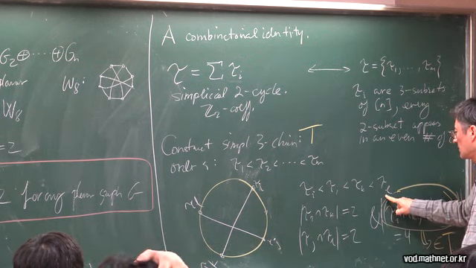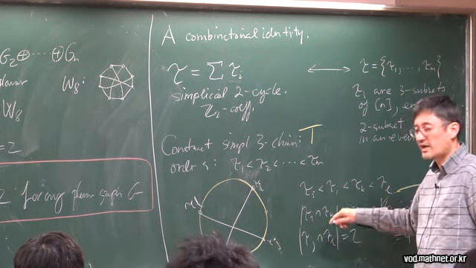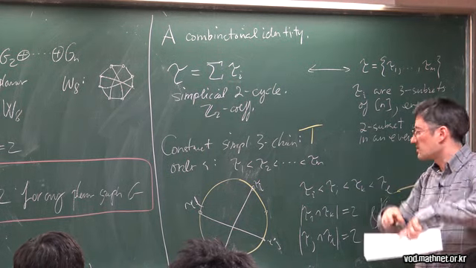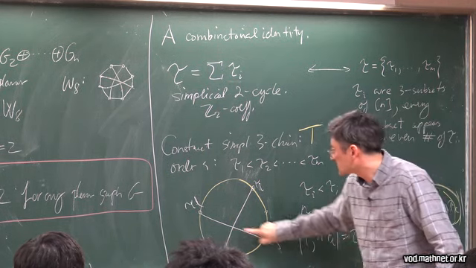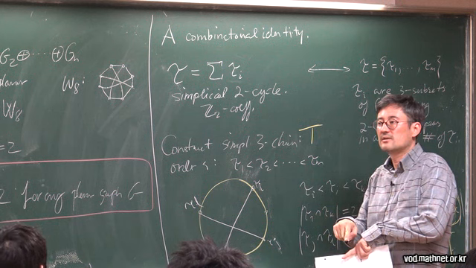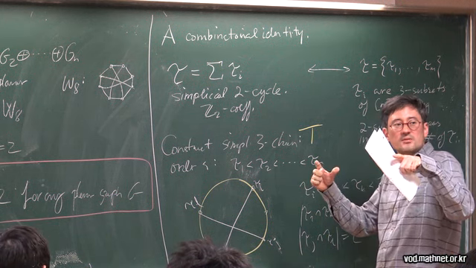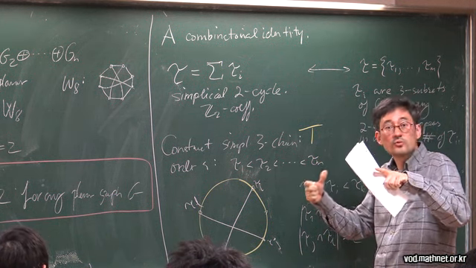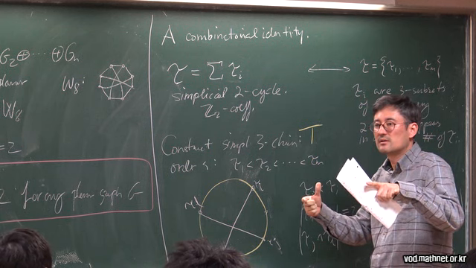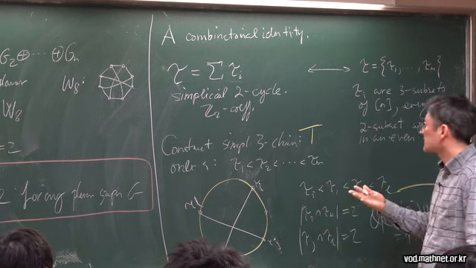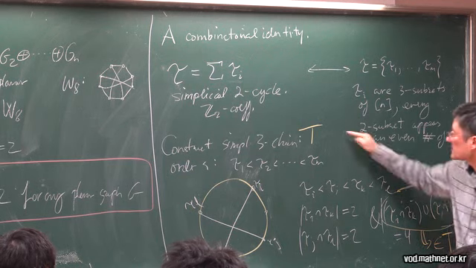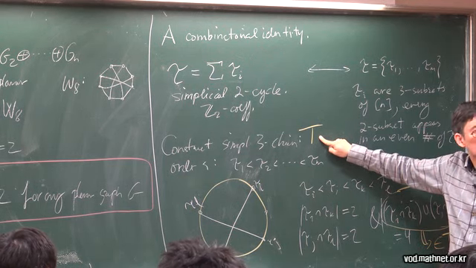And then you need tau i, tau k: these are two triples. They should have a two-element subset in common. And these two should have a two-element subset in common. And those two-element subsets should be disjoint. Their union should be a four-element subset. And that gives me a four-element subset, which is a 3-simplex, which goes into my 3-chain T.